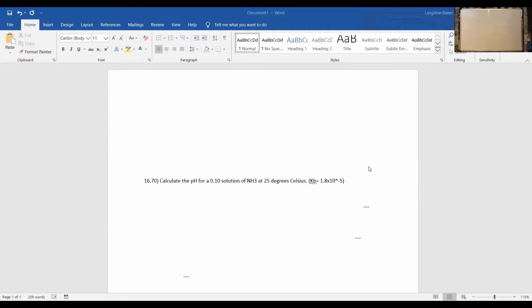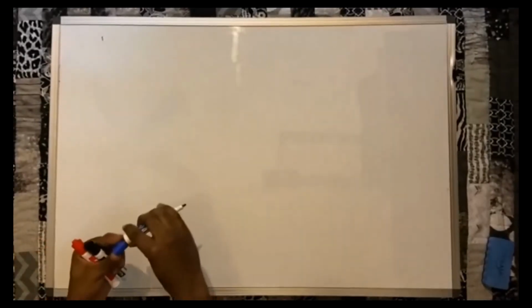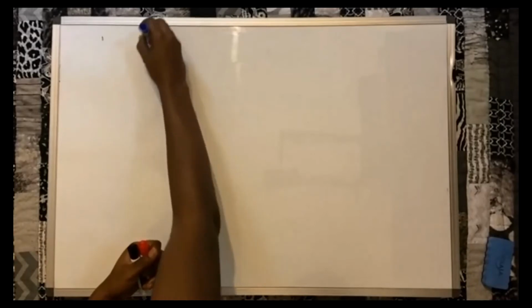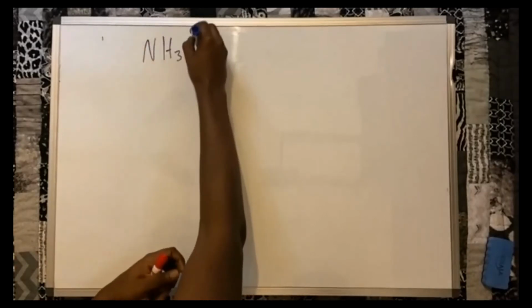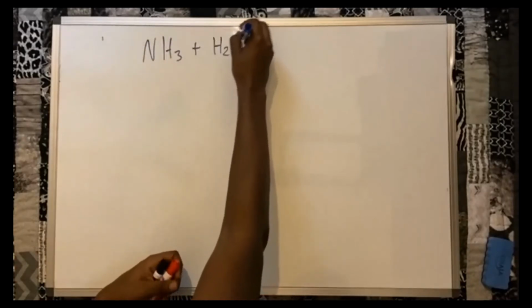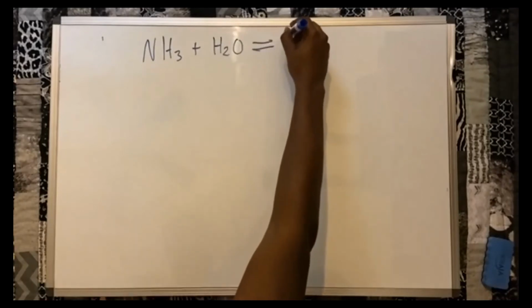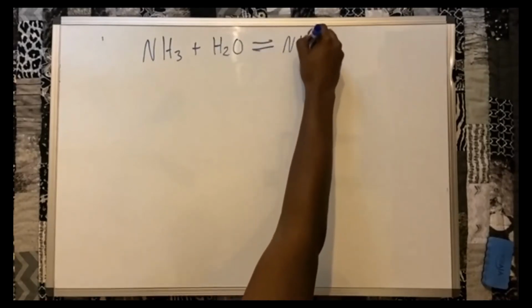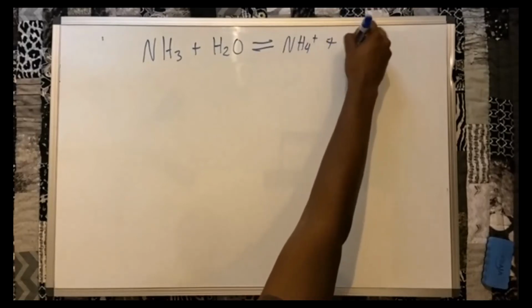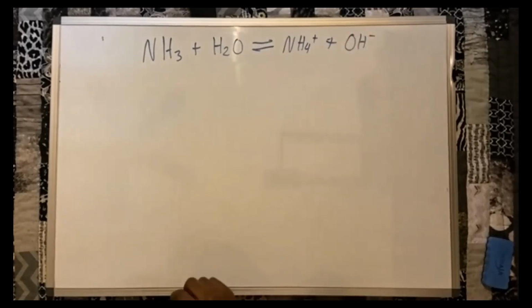I'm kind of stuck. So you have your equation, NH3 plus H2O goes to NH4 plus OH minus. Something like that?